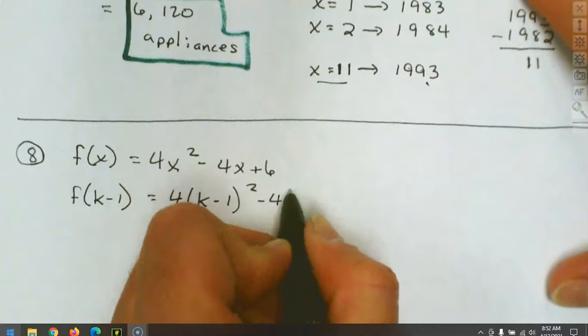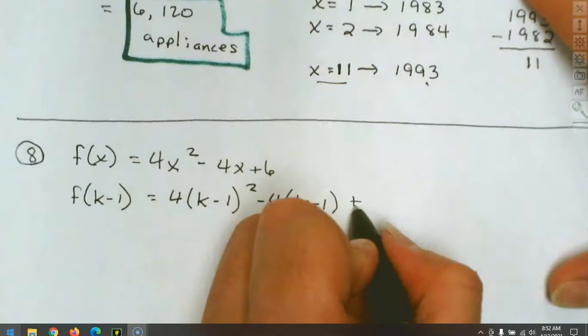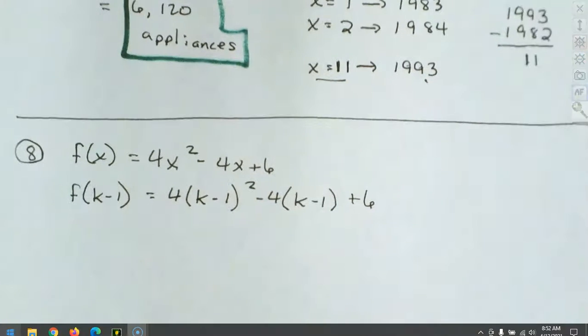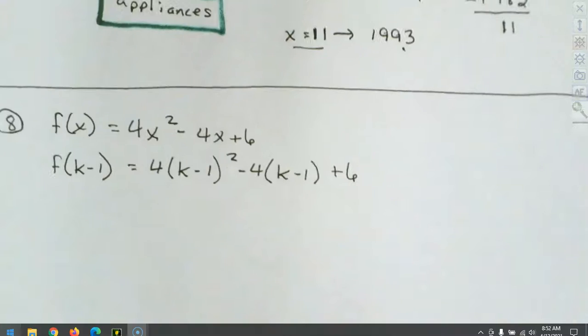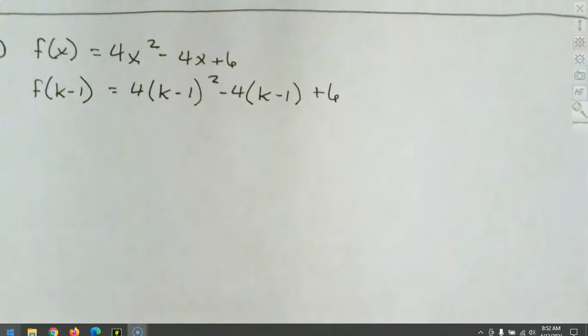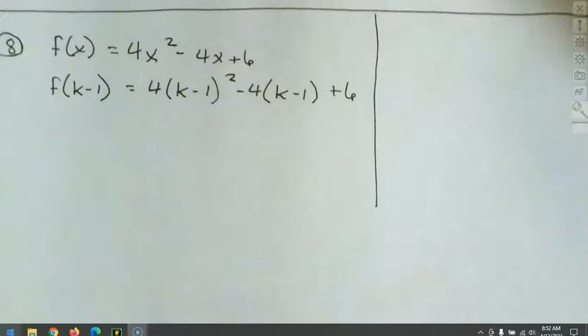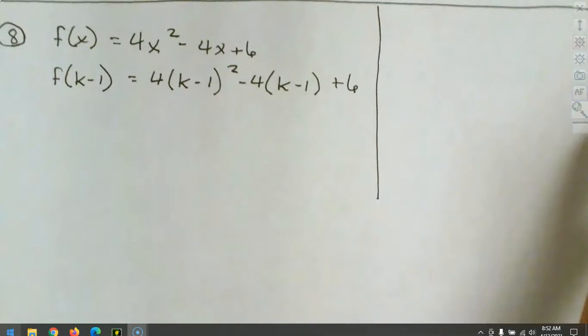So everywhere we see an x, we replace it with a k minus 1. This now introduces a new concept that we're going to be using a lot in the next chapter. In the next chapter, we're going to be foiling in almost every single question.